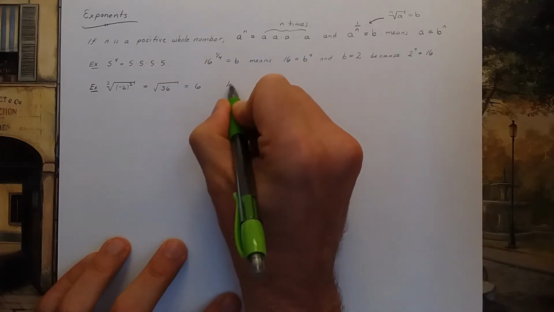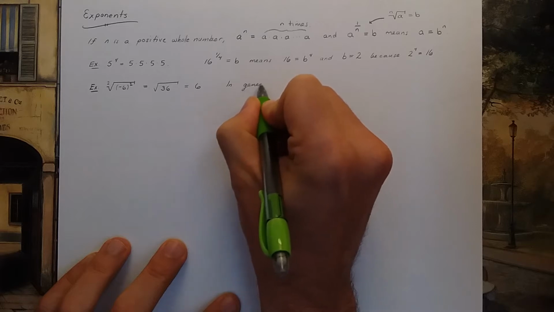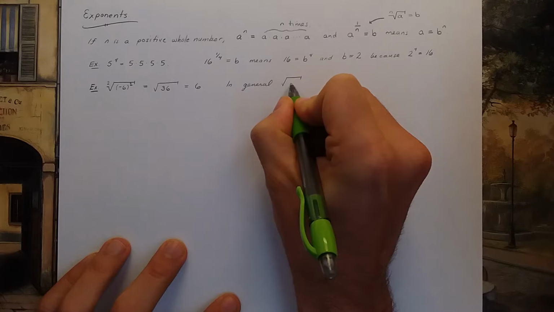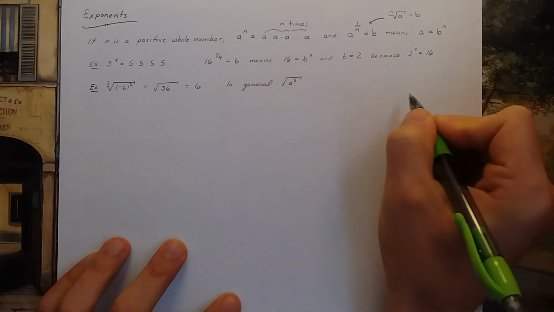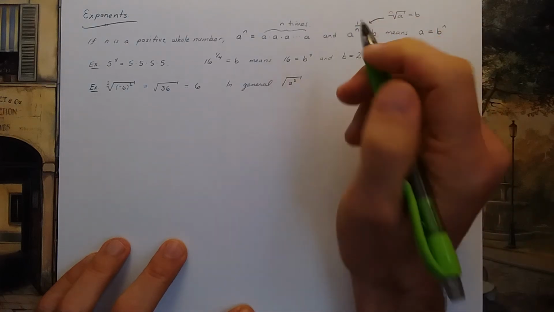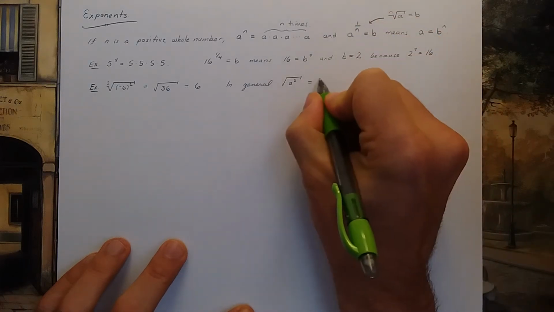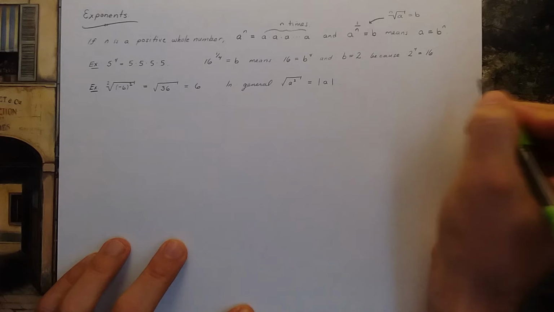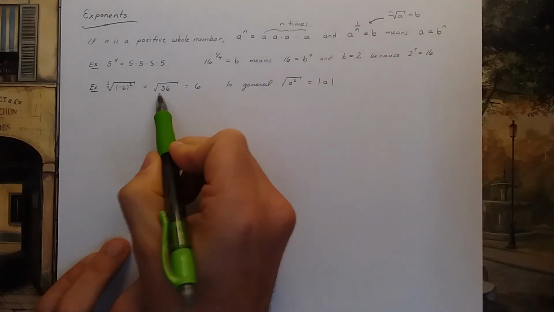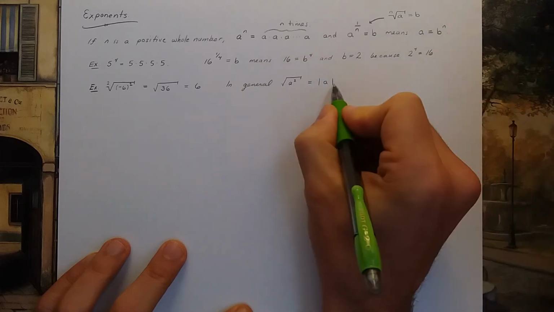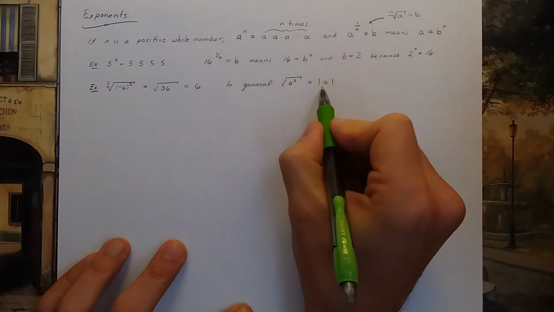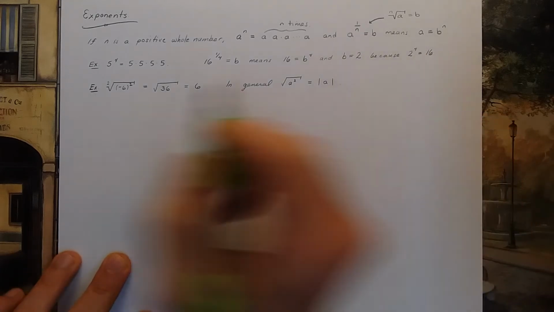So in general, it's probably a good thing to realize that the square root of any number squared, the square root of a squared, is not equal to a. Instead, it's equal to the absolute value of a. Because if you happen to have a negative in there and you square it, the negative goes away. And there's no negative anymore. So that's what this absolute value symbol does. It takes any negative sign and makes it positive.